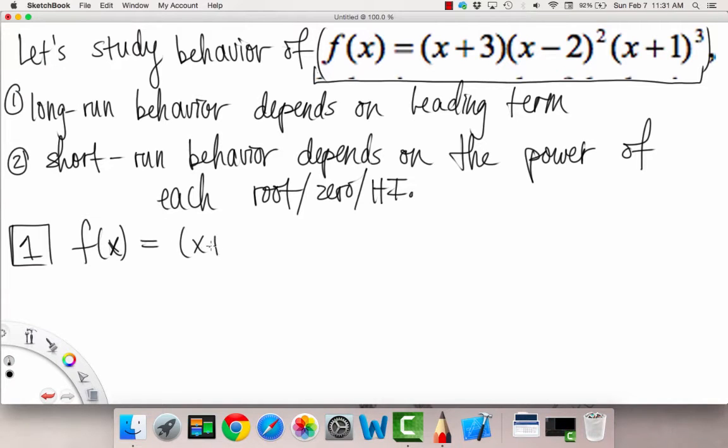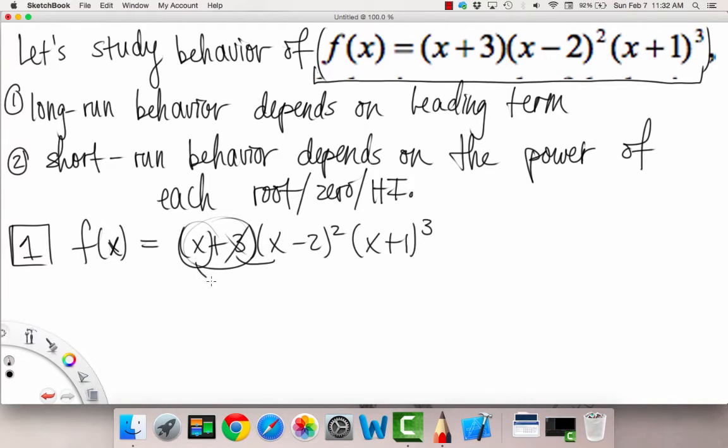So if we look at this, here I'll write down what we were given, x minus 2 squared, x plus 1 to the third. So it basically just depends on all of the powers, right? For example, from this factor here, it doesn't really matter about this plus 3, because that's not going to add any power to our leading term, right? If we were to FOIL it out, this 3x wouldn't matter because we already have an x here.